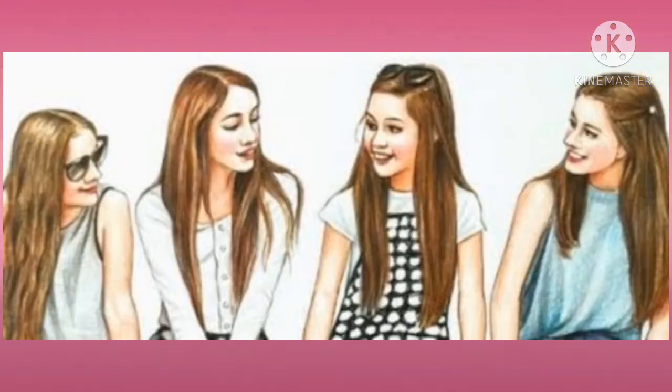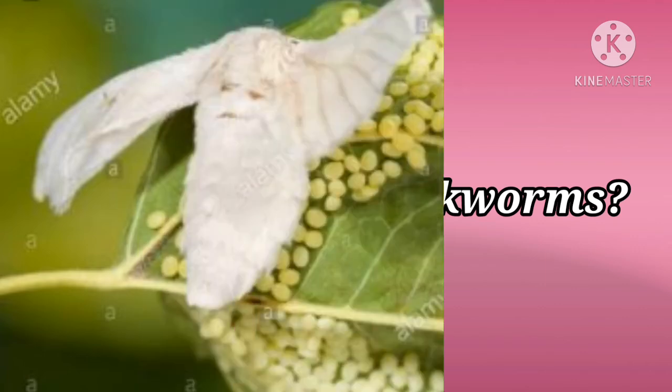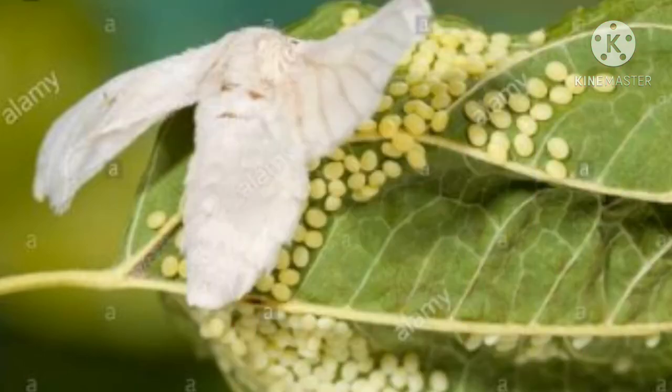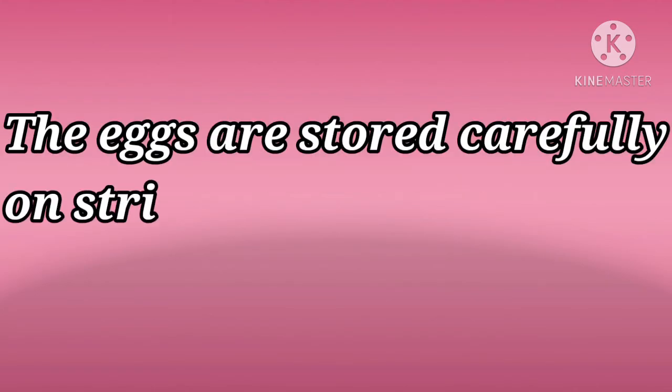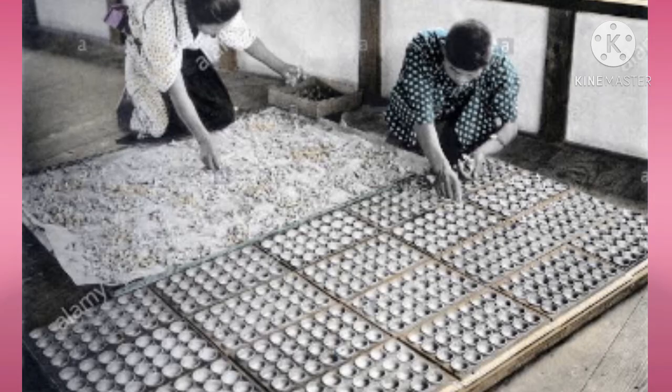Dear students, now let us see how to rear the silkworms. A female silk moth lays hundreds of eggs at a time. The eggs are stored carefully on strips of cloth or paper and sold to silkworm farmers.